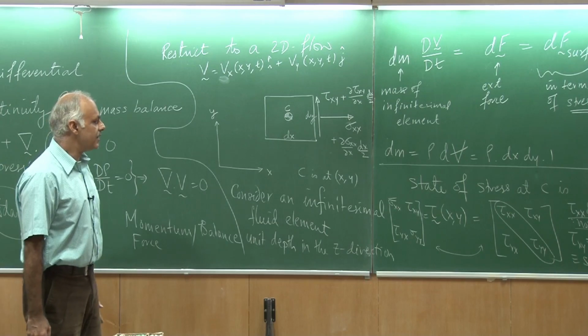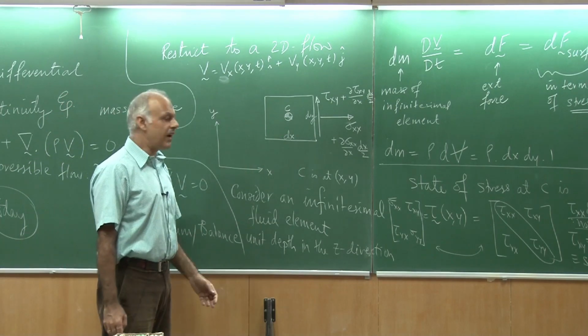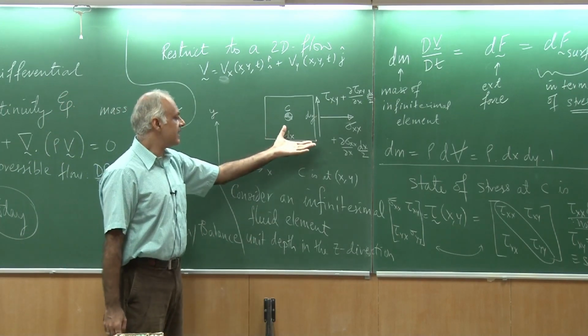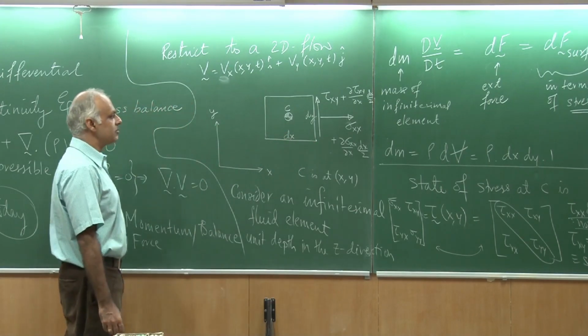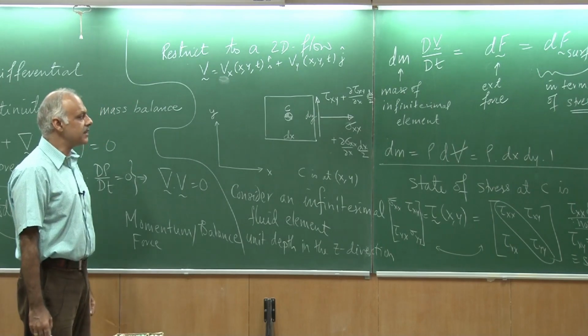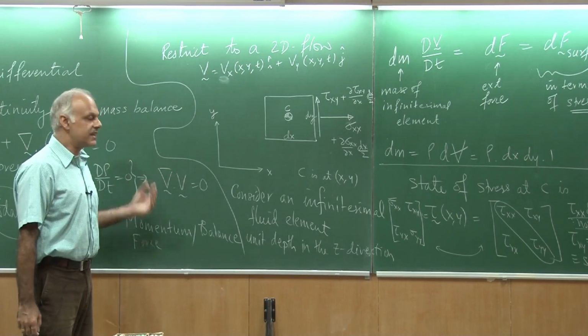I could do that. But for us this analysis would suffice, because we are assuming some kind of a constant stress on each face, just to make our analysis simple. If we did it the long way, we would get exactly the same answer.